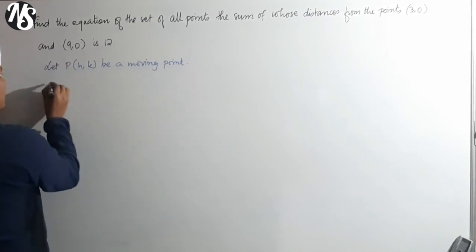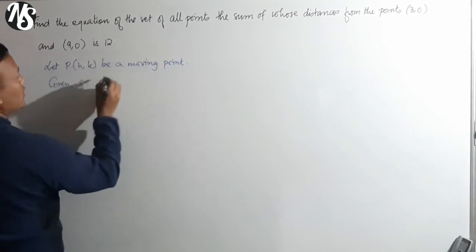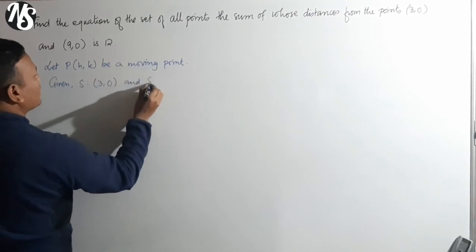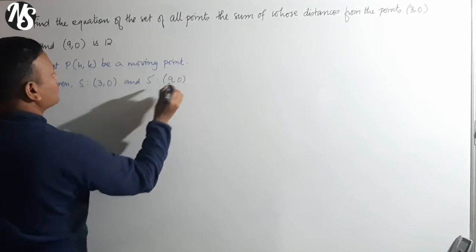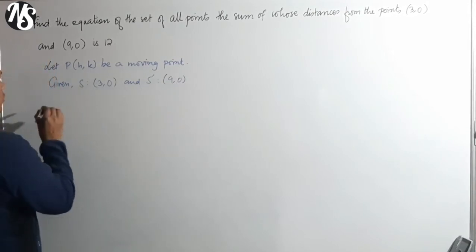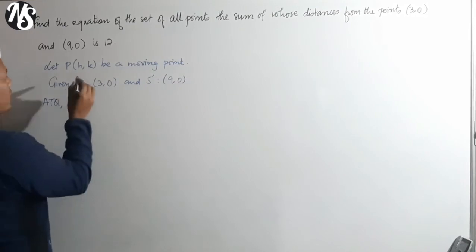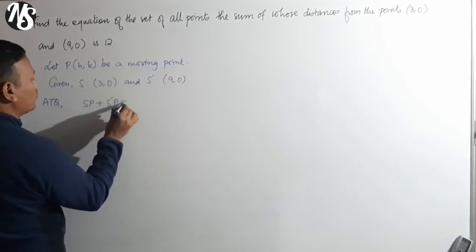It is given that S is (3, 0) and S dash is given to be (9, 0). According to the question, we have SP plus S dash P is equal to 12.